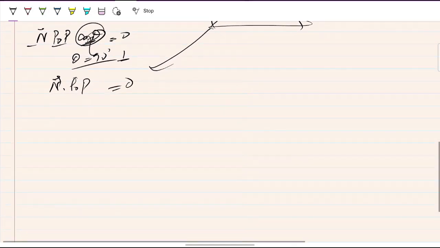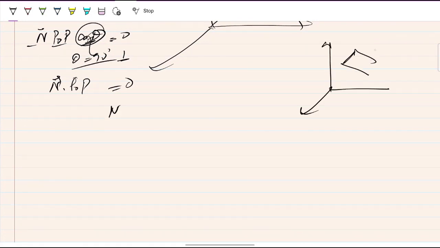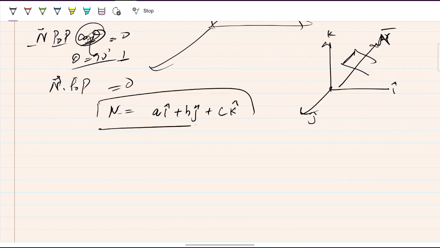Now what's n? The normal vector, let me draw it here to visualize, is written as ai + bj + ck, in the i direction, j direction, and k direction. So this is the normal vector, and you would know what a, b, and c are.